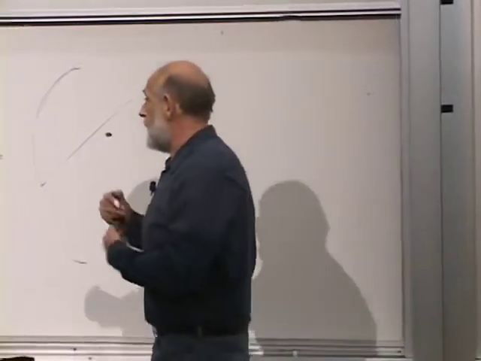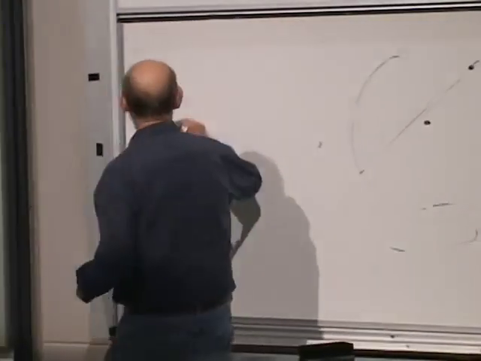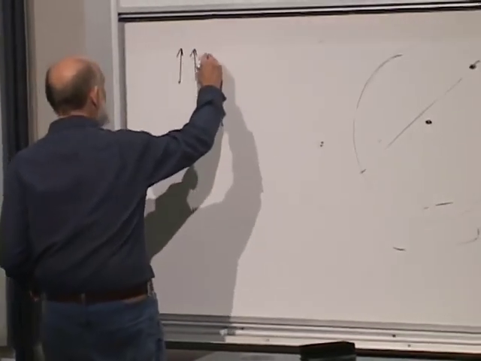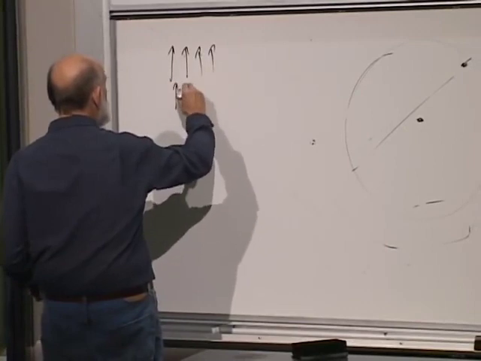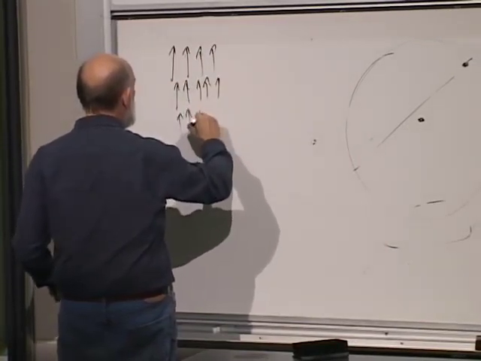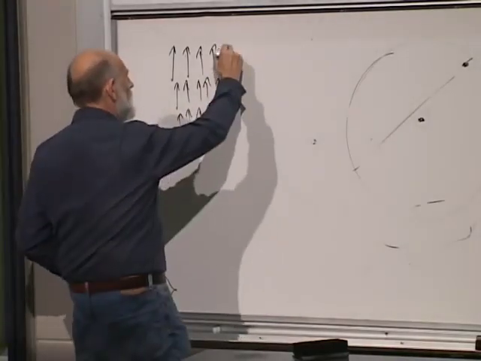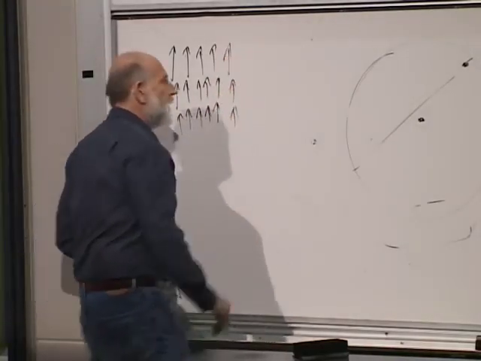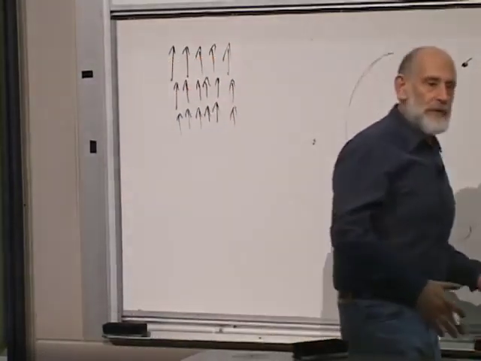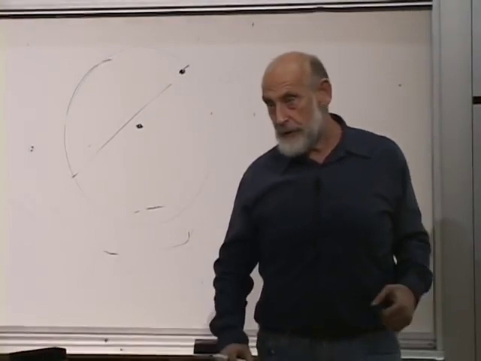For example, here is a universe. This is a universe made of arrows, and they're all pointing in the same direction. They densely fill space, let's say. That's very homogeneous. This goes on and on and on. It's homogeneous in that it's every place the same, but it's not isotropic. It has a direction associated with it.